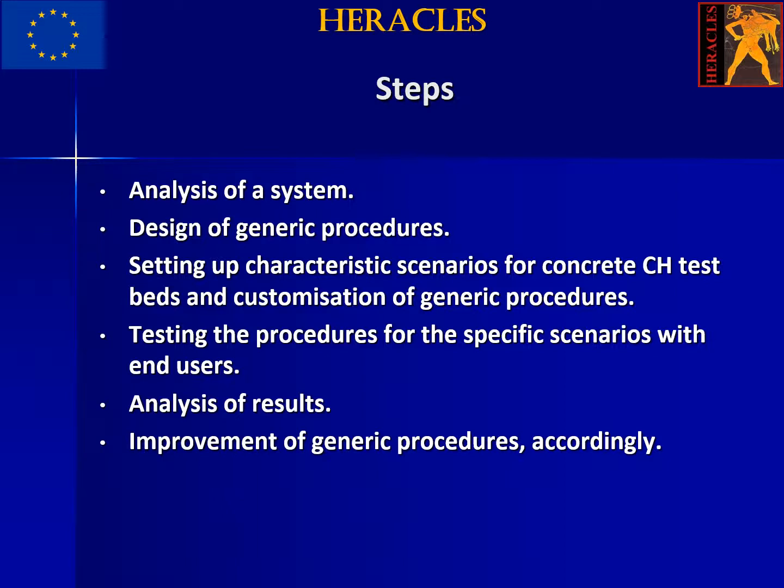The next step is testing the procedures using specific realistic scenarios with end users. Then results have to be analyzed in terms of technical capabilities and end users' feedback. And finally, generic procedures have to be improved accordingly.